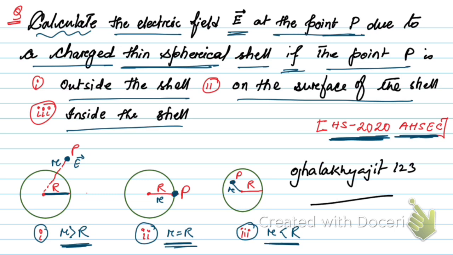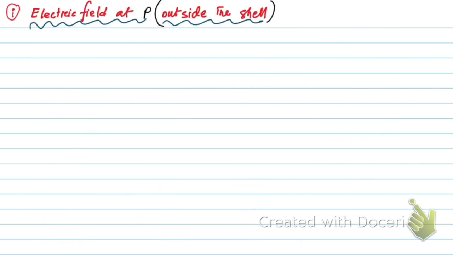So now let's start. Electric field at P when it is outside the cell. Let me draw the cell here. This is the cell, and it is uniformly charged. Let me consider this a positively charged cell, with charges uniformly distributed over its surface.